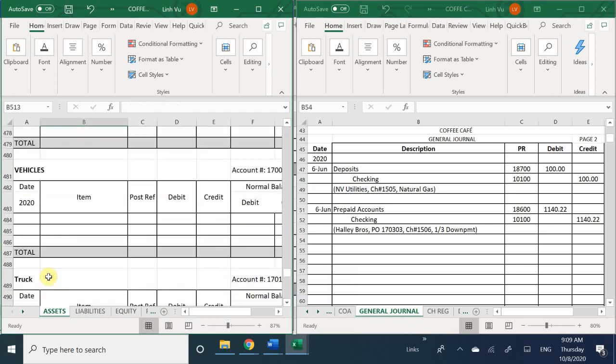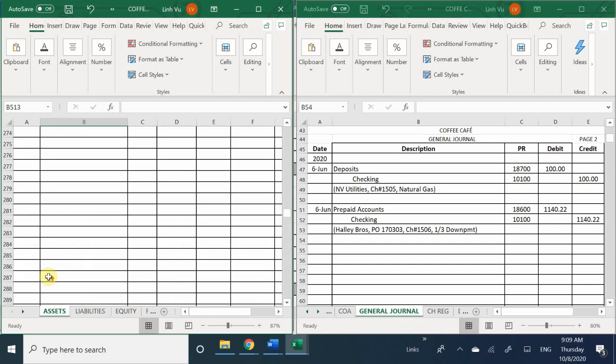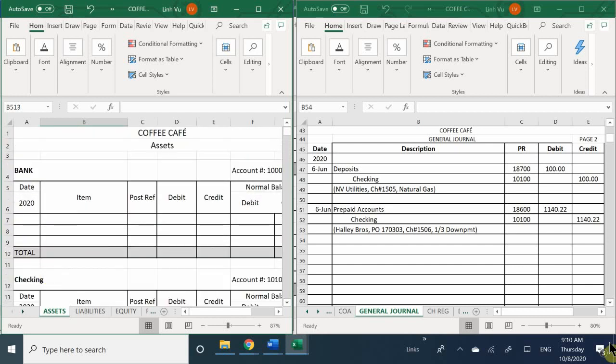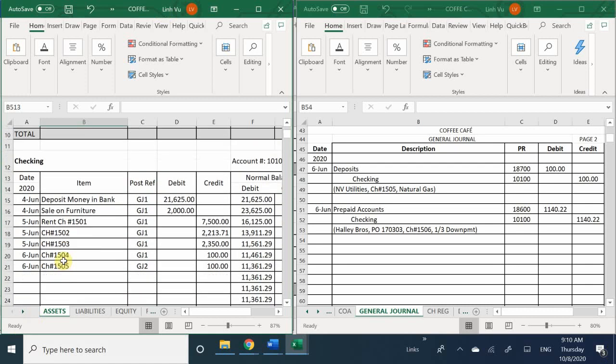Now I'm going to scroll all the way up to my checking, still on page 1.